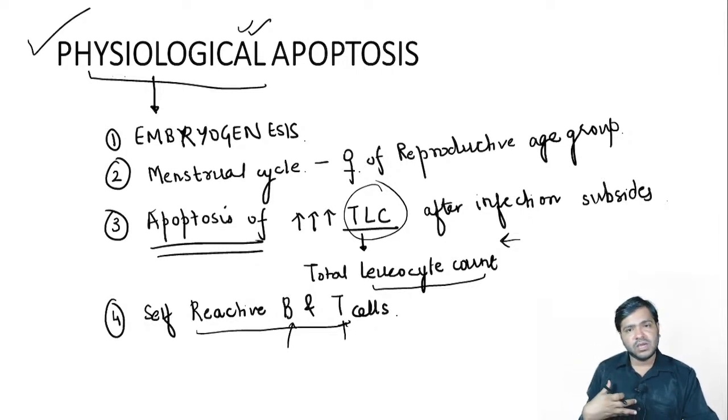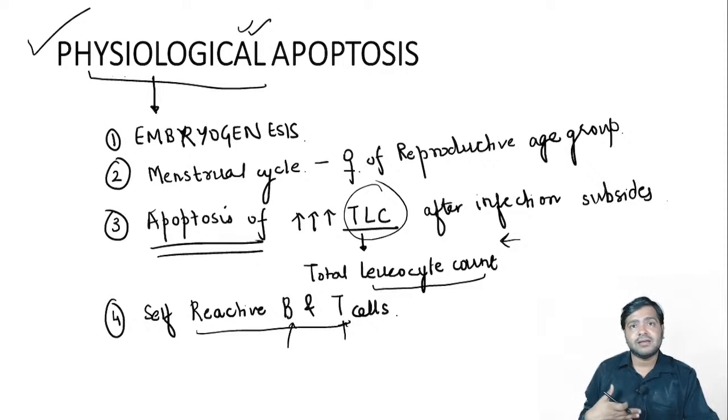own body, okay, which is like harmful to our own body? So these B and T cells are further destroyed. They are further destroyed by the process of apoptosis, okay? They are not needed by our body because they are reacting to our own immune system.